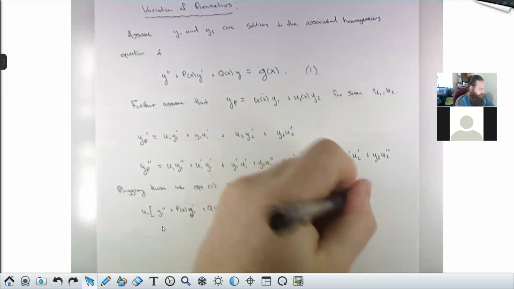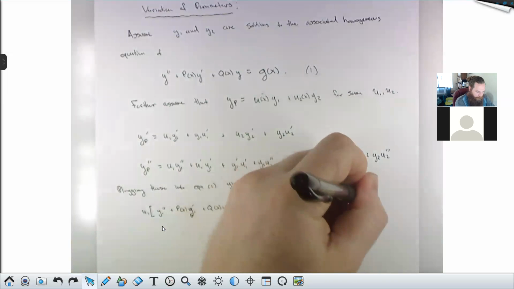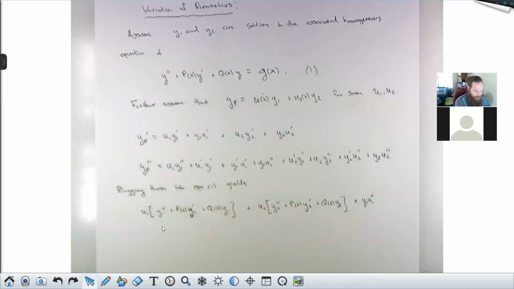And then lastly, outside of these things, you group terms together until you find those bits of the original ODE in there. And you'll have a y1 u1 double prime term left, and a u1 prime y1 prime left.